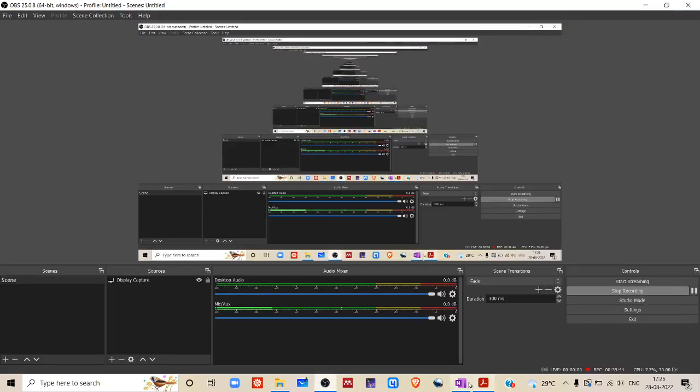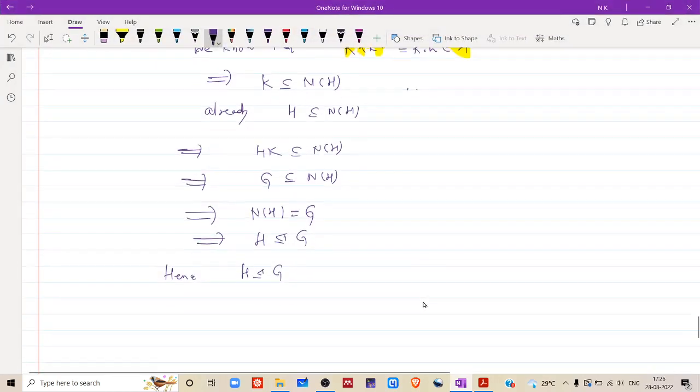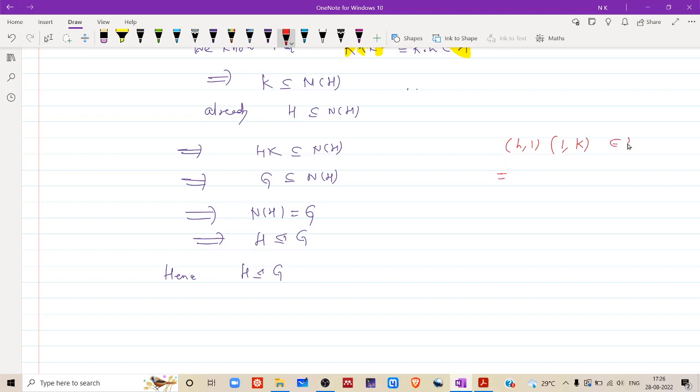Okay, so let me clear this point, because you must be finding it surprising how HK is equal to G. So let me just elaborate that point. Suppose I take one element from H, I can write it as (h, 1). If I take one element from K, I can write it as (1, k). Do the multiplication of these elements, because this multiplication belongs to HK, right? Do this multiplication and you will find that h as it is, 1 acting on 1, 1 dot 1, and 1 into k, that is k.